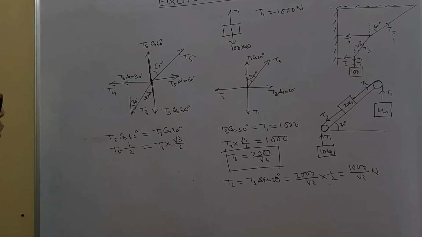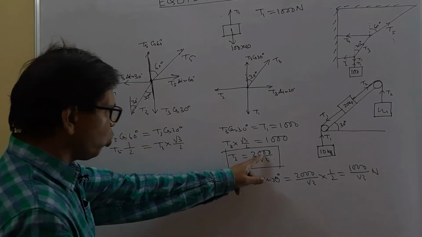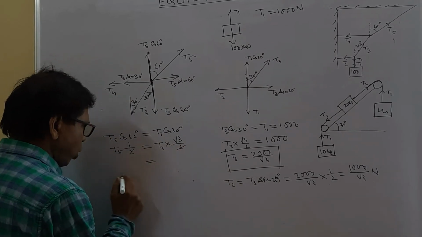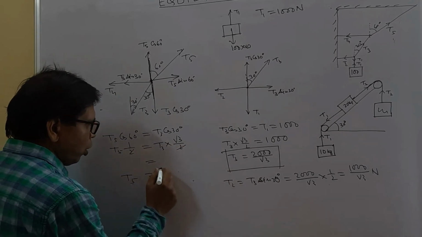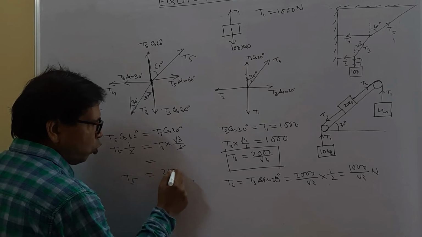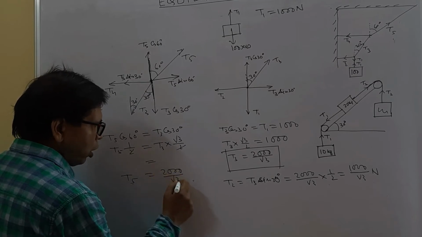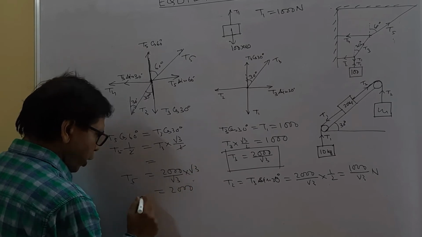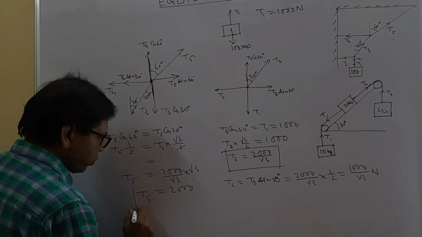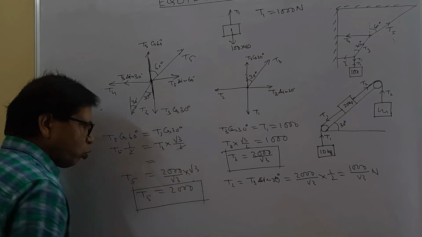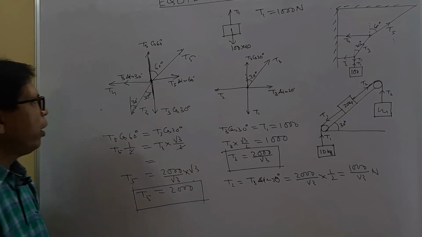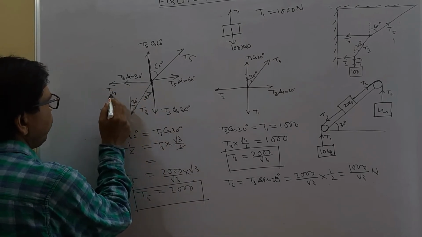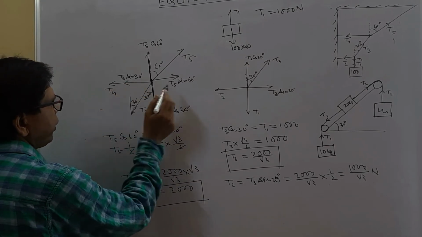Now T3 equals 2000 by root 3. So these cancel out, and T5 equals T3 into root 3, that is 2000 by root 3 into root 3, so T5 equals 2000 Newton.